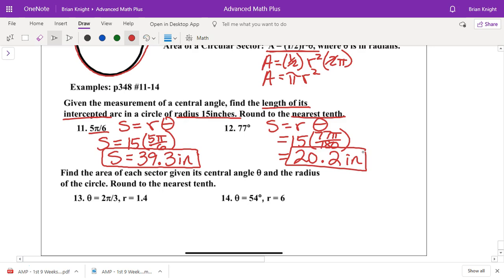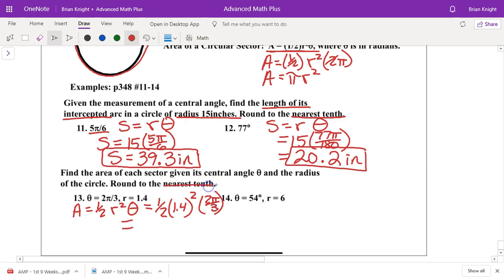You already do the area one? Same thing. Again, it's just plugging in. Down here, area: 1/2 r squared theta. So that's 1/2. What is my r for this problem? 1.4 squared times 2 pi over 3.